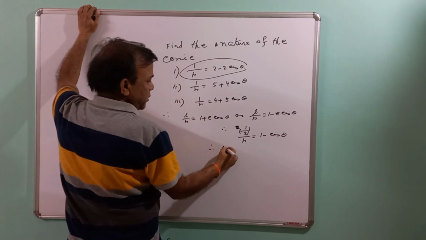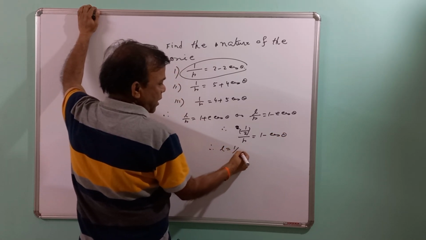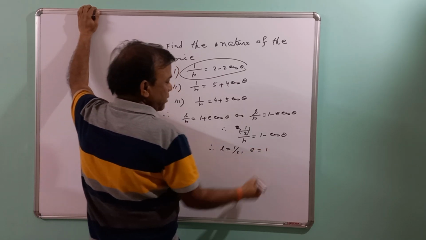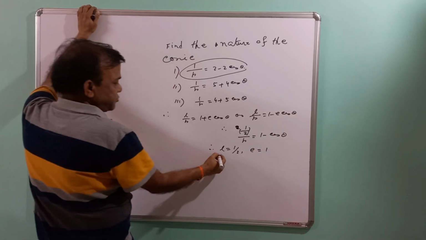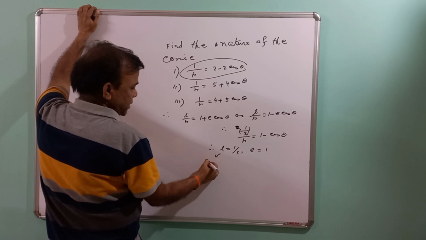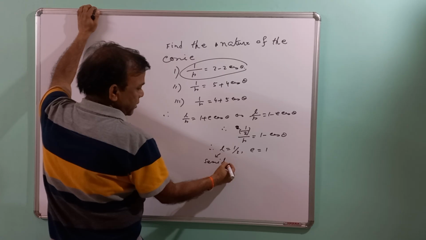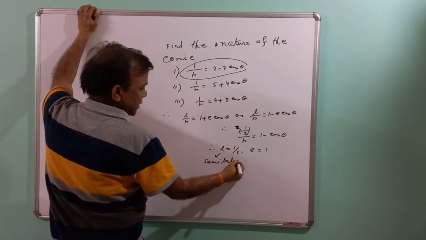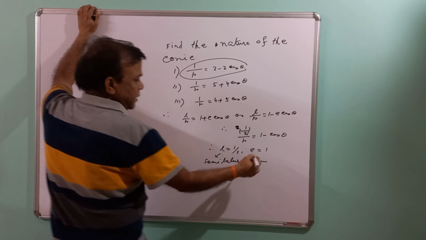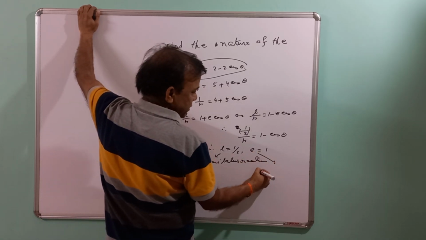Therefore, L equals half and e equals 1. L is the semi-latus rectum, length of semi-latus rectum, and e is the eccentricity.